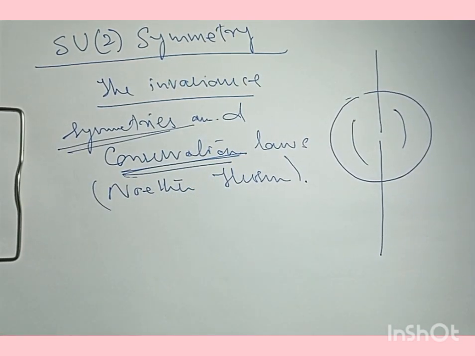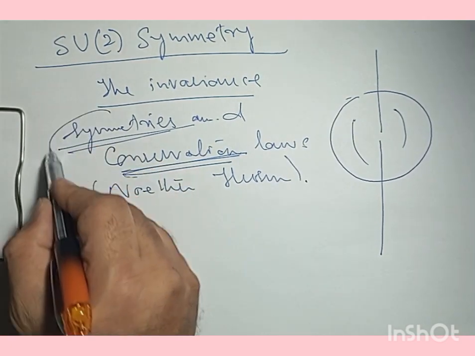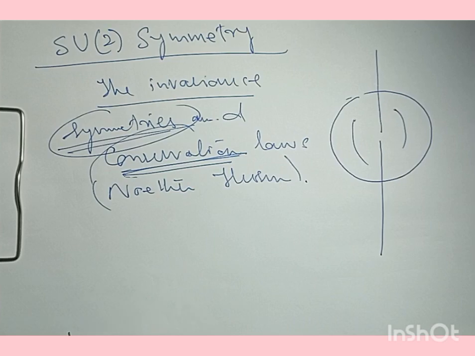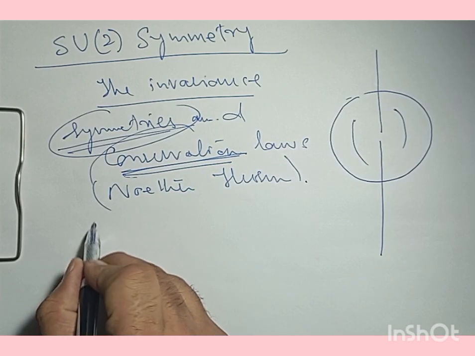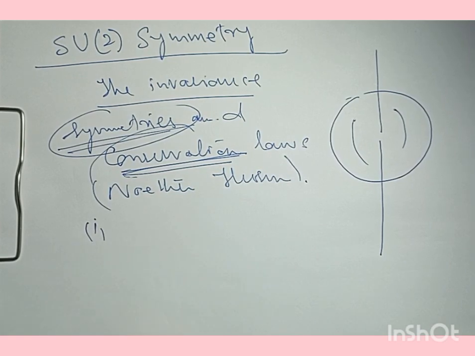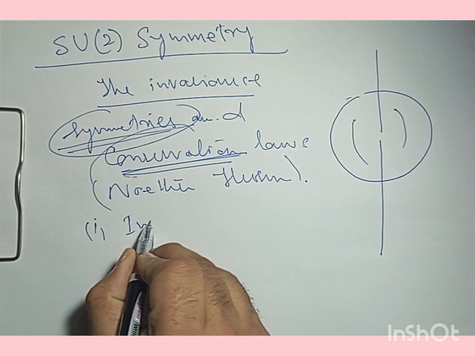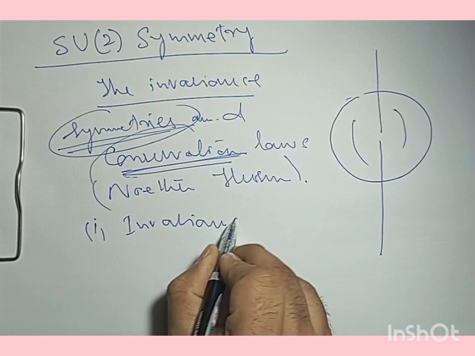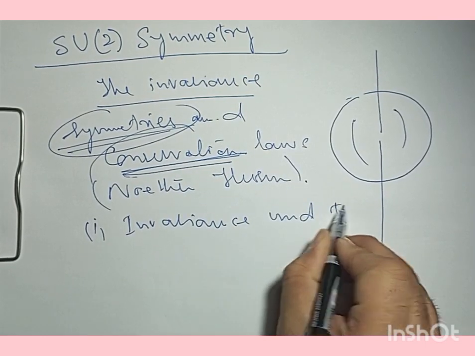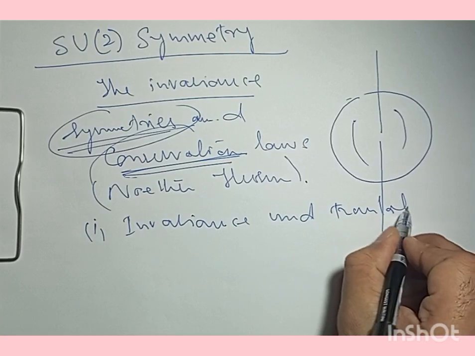And in classical physics, we have the relationships between the symmetries and the conservations. The very first example is invariance under translation.